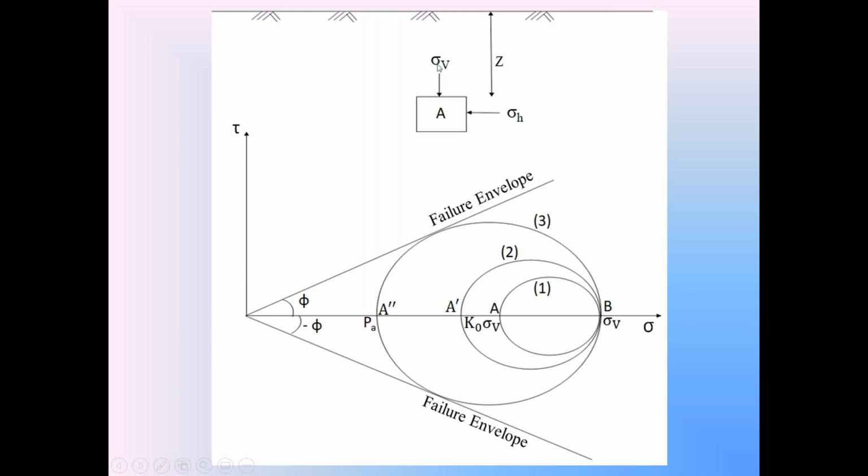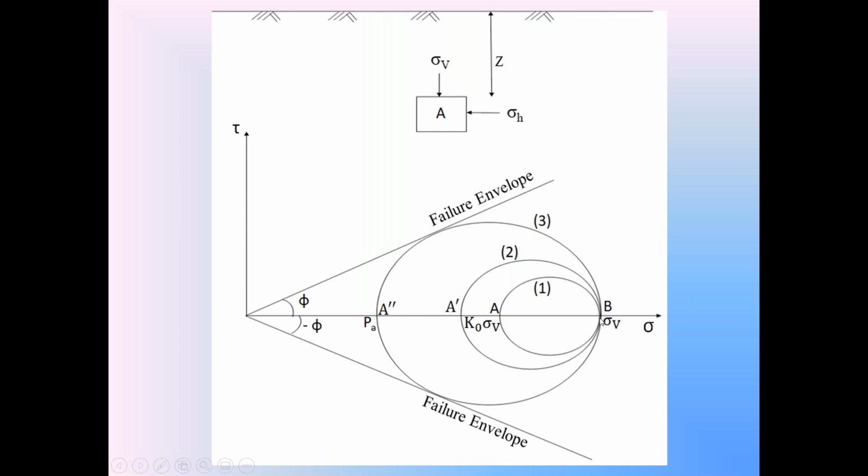Once sigma V is constant, there is no change in the point B on this diagram, because point B indicates the vertical stress. In this Mohr stress circle diagram, OB is the vertical stress. In the active condition, vertical stress remains constant, so point B remains constant.